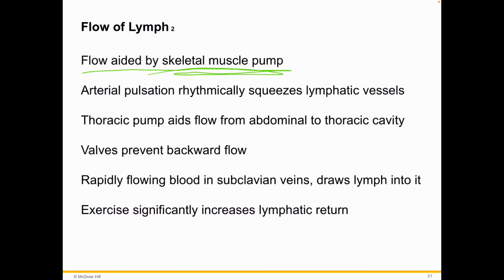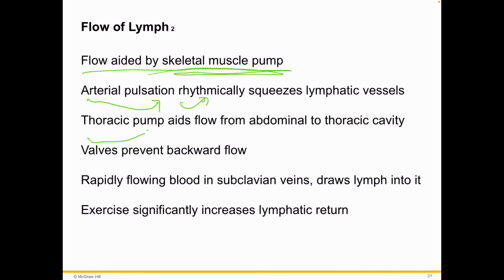So, again, cardio is important. Anything that causes those skeletal muscles to swell and move around is going to help as well. Arterial pulsation, which we talked about a little bit, can also squeeze the lymphatic vessels to some extent.